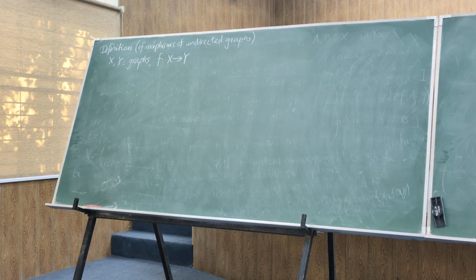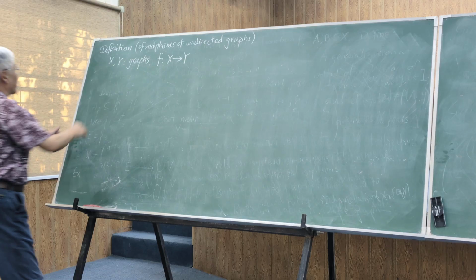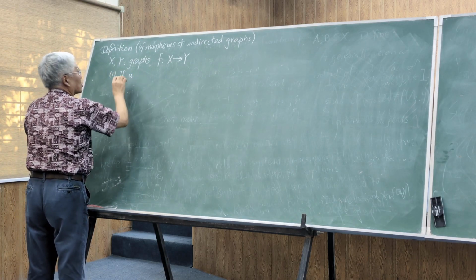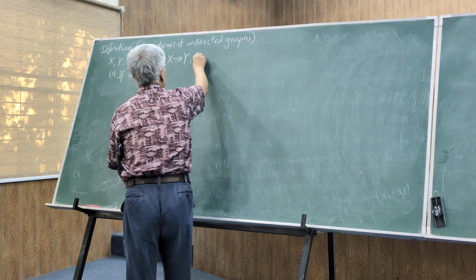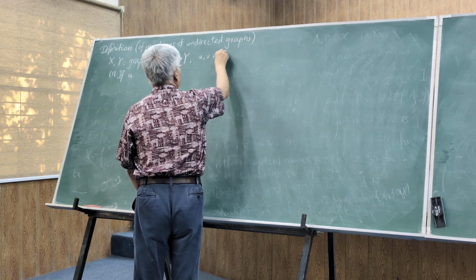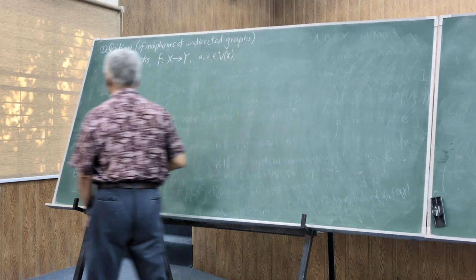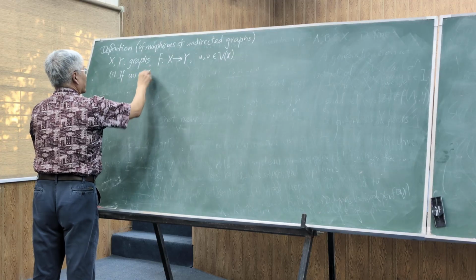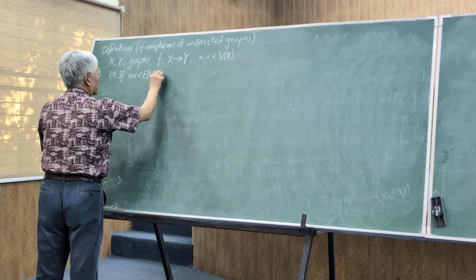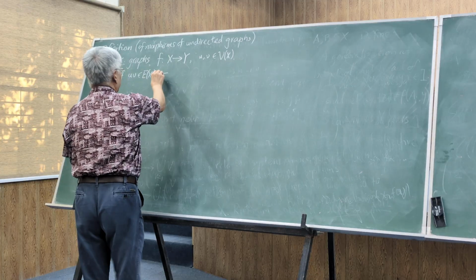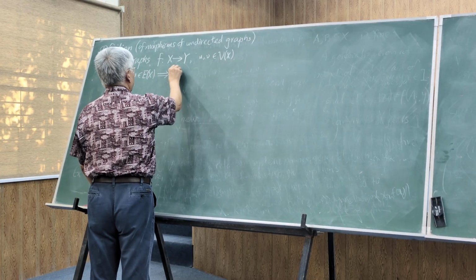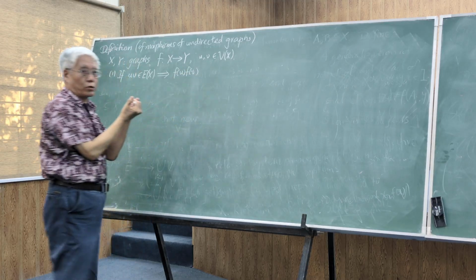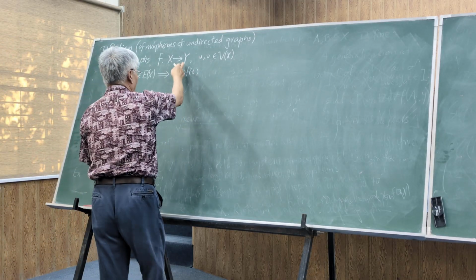Now, number 1, if we also assume that u, v are vertices, if uv is an edge, then it implies that f(u)f(v), this is a juxtaposition, not a product, is actually in y.